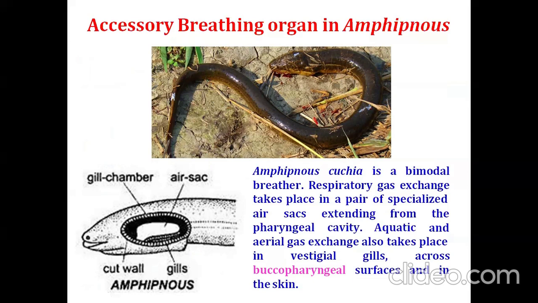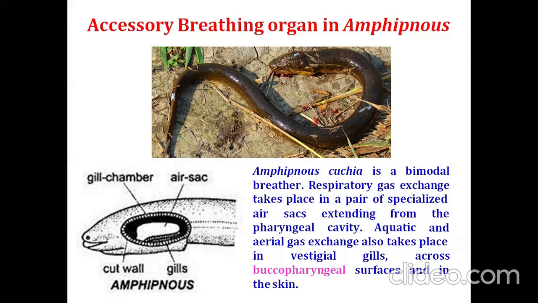Already I have shown the picture there. It is a bimodal breather. Normally we call this bimodal respiration. See how it lies on the land like a snake. So when a layman sees it, he won't say that it is a fish, because normally a fish needs a water medium for survival.